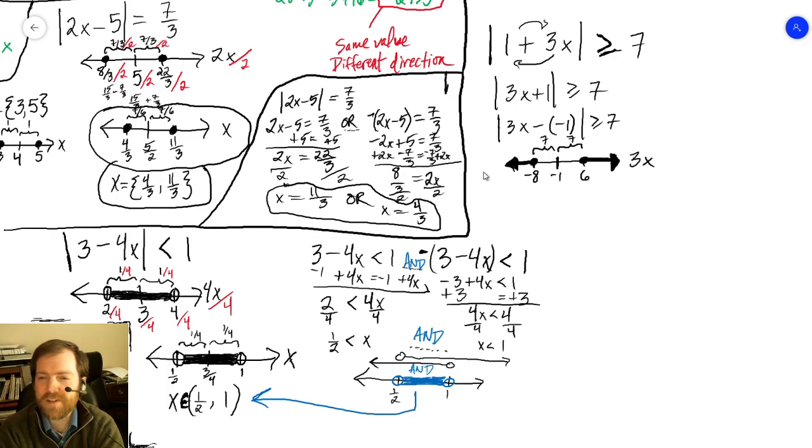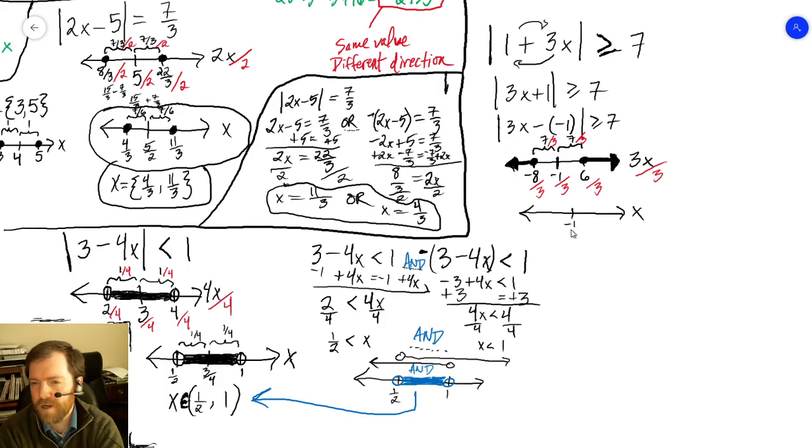Okay, so now this is saying that our solutions for 3x must be outside of negative 8 and positive 6, which then again, just like we said before, if we divide all terms by 3, we're going to get x, again, for our variable term.